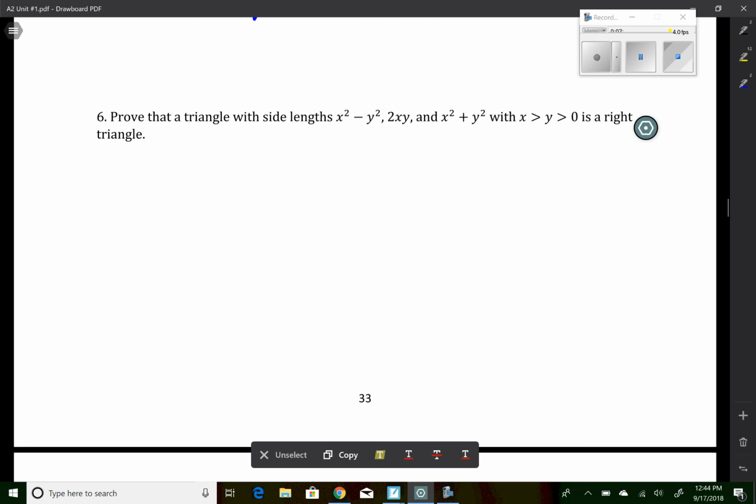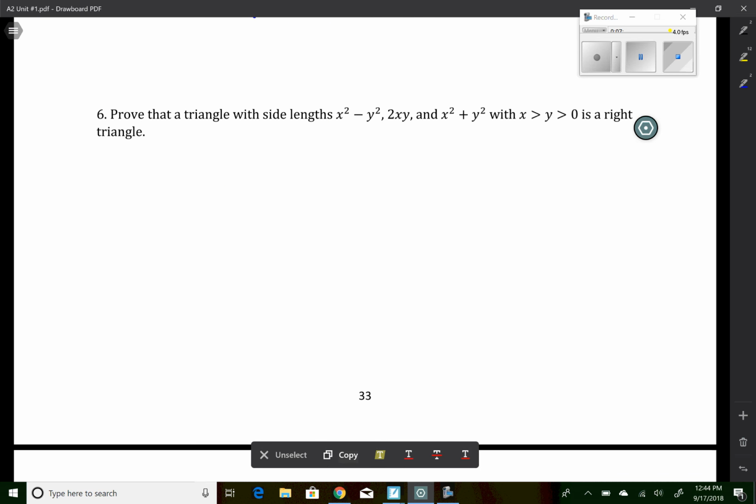Number 6, similar to one that we did in class, is this a right triangle? Well, the first thing we have to do is figure out which of the sides is the biggest. So if x is larger than y and y is larger than 0, if I was to just pick two random numbers, like 5 and 6, right? So if I was to make x 6 and y 5, that would be 36 minus 25. 36 minus 25 is 11.